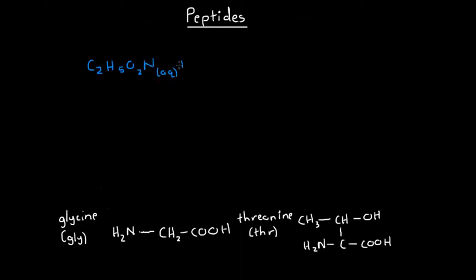And for the molecular formula of threonine, we have 4 carbons, 1, 2, 3, 4, 5, 6, 7, 8 hydrogens, 3 oxygens, and again 1 nitrogen.